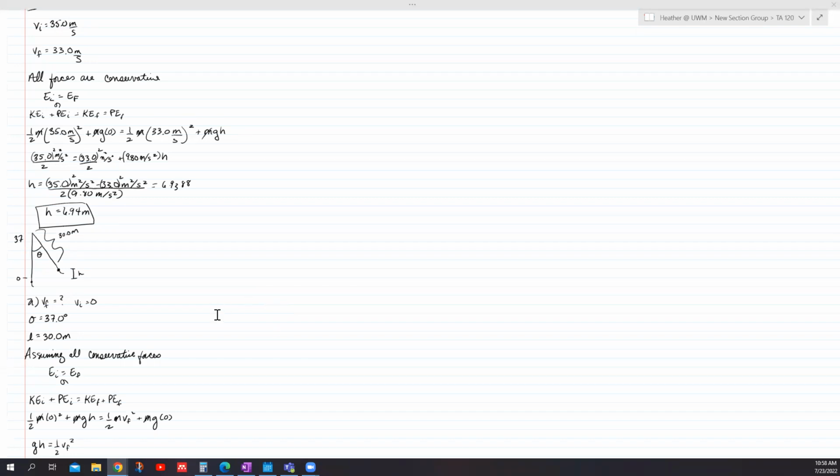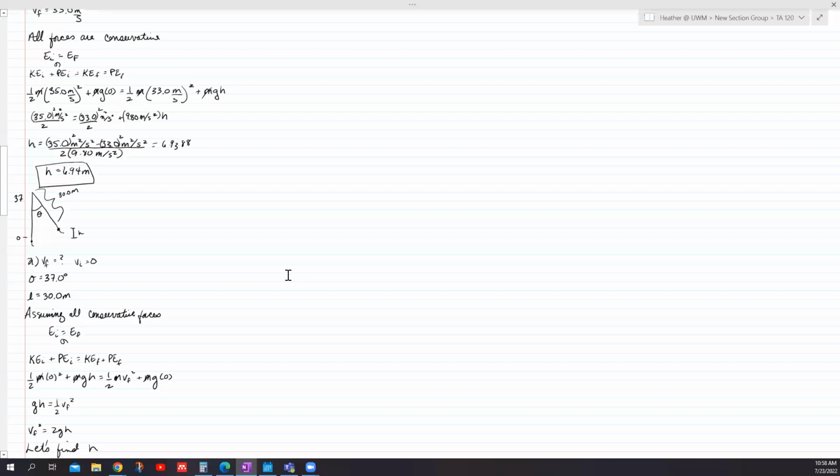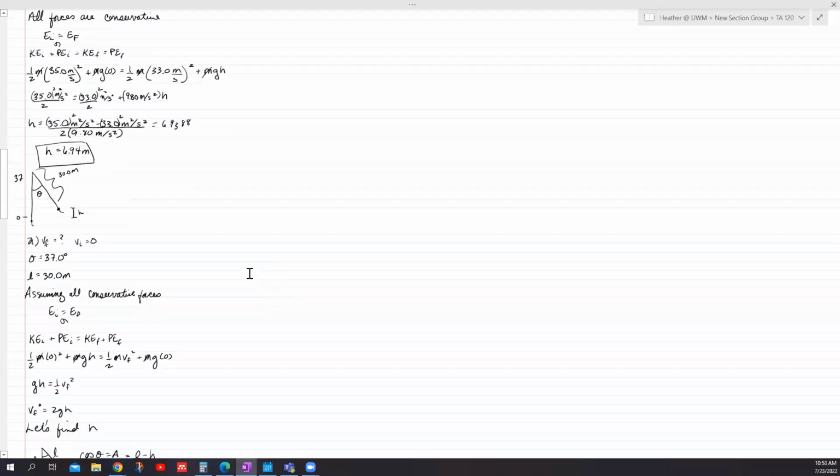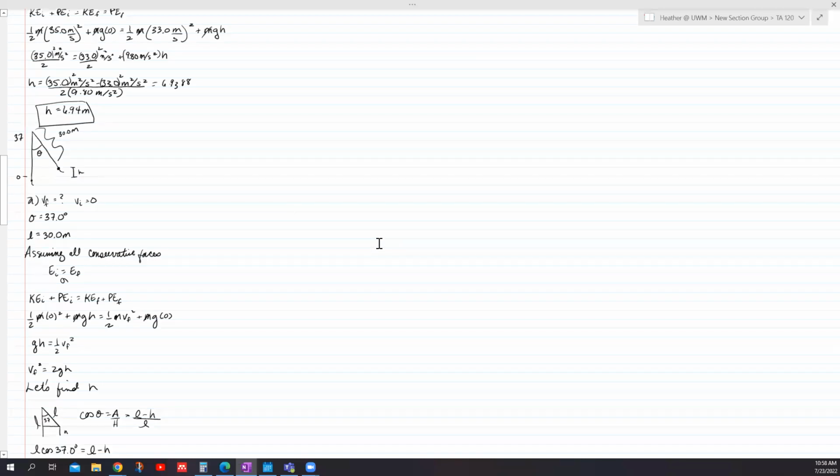And for A, we are given his initial velocity is 0. So we've got theta is 37.0 degrees. And we have L, which is the length of the vine, is 30.0 meters. So again, we're just looking at the force of gravity here, and that is going to be energy initial equals energy final. We've got our same equation.